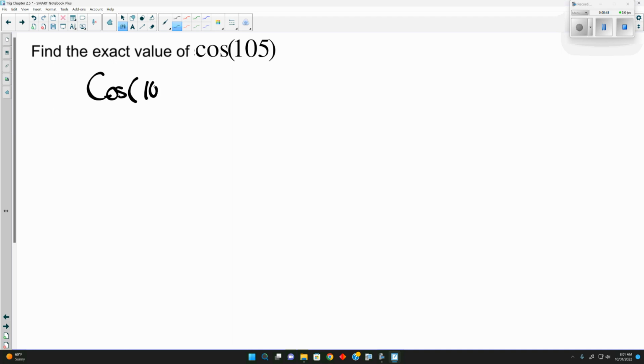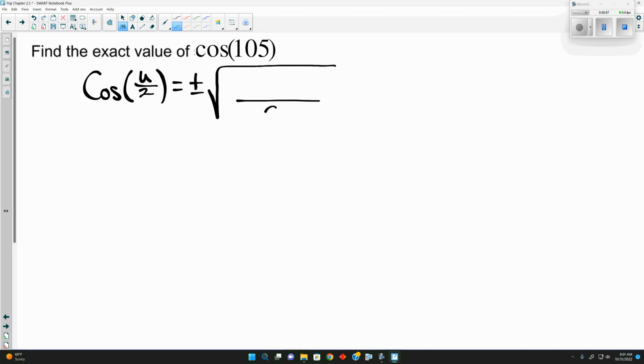So if we look at cosine of 105, we're really referring it back to the formula cosine of u over 2 is equal to plus or minus the square root of 1 plus cosine of u over 2, is the formula we're looking at.